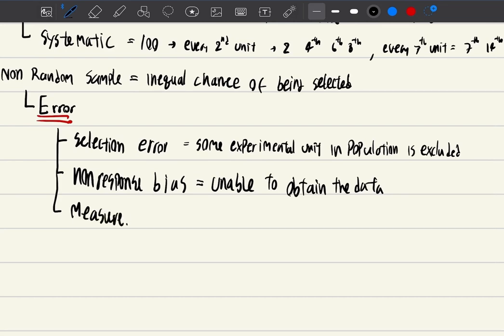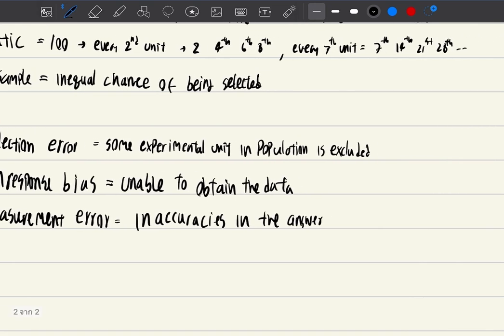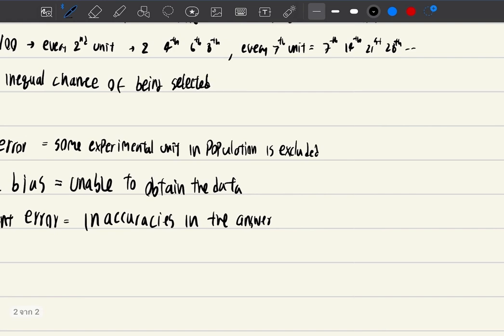Measurement error is inaccuracies in the answers recorded.